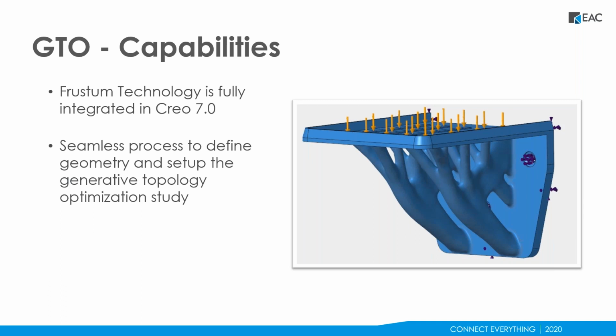And then you also have the ability to put in manufacturing conditions. Is it going to be a machined part? Is it going to be an extruded part? Will it be 3D printed? Those types of things. And what will happen then is you'll define these boundary conditions, and the software will go out and figure out what the optimal geometry looks like based on the scenario that you've presented.